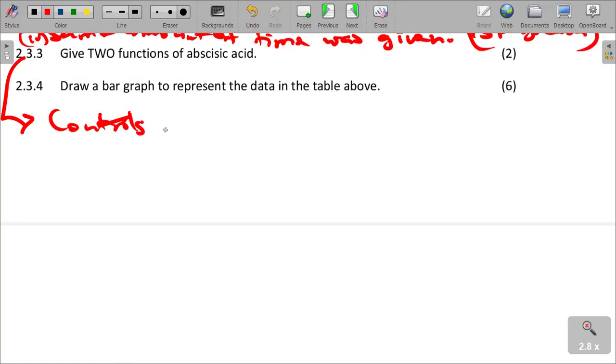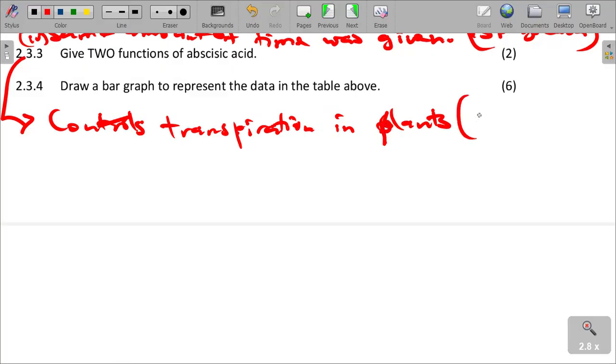It controls transpiration in plants by controlling the opening and closing of the stomata.